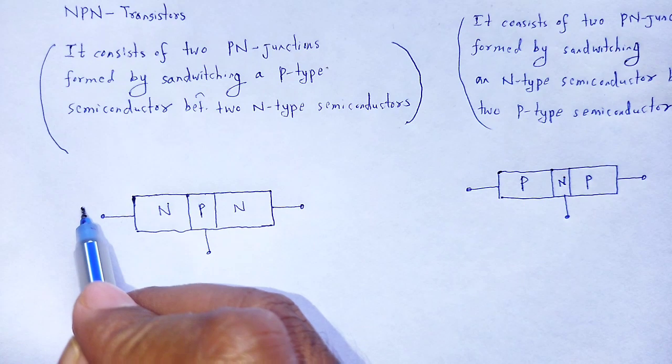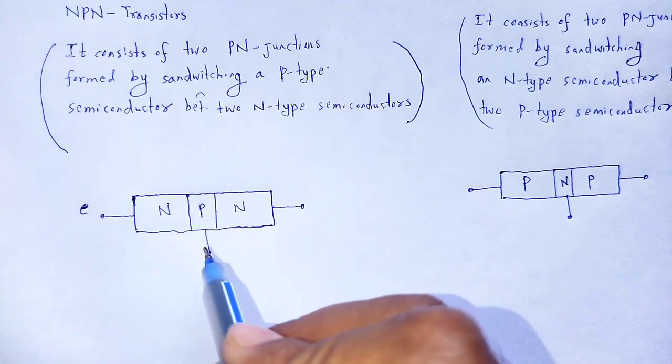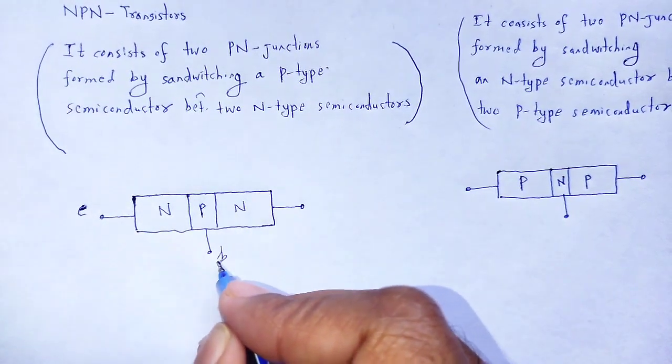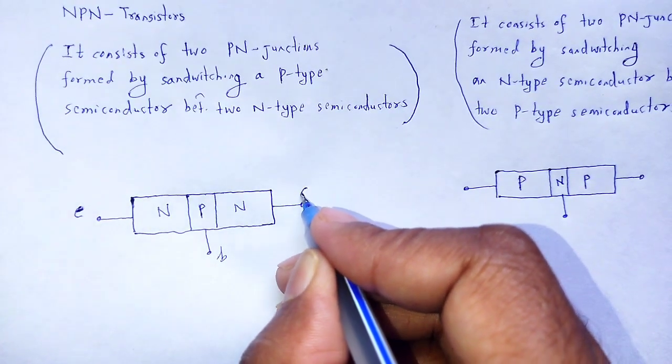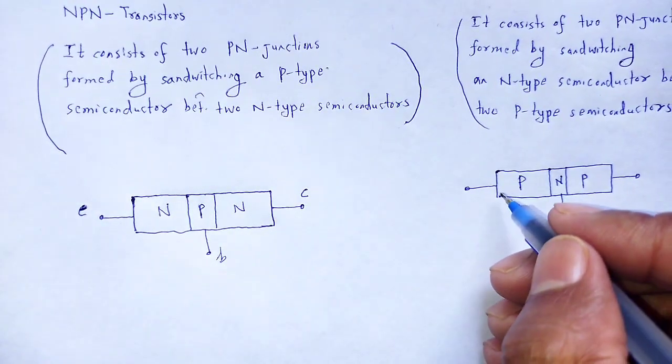That one is emitter, this one is base, this one is collector.